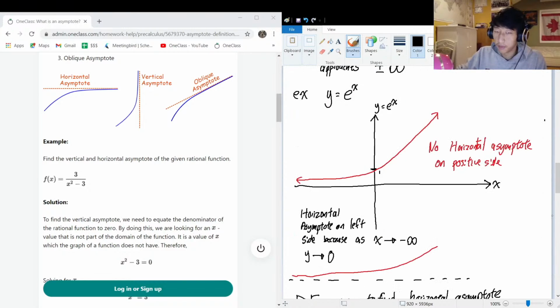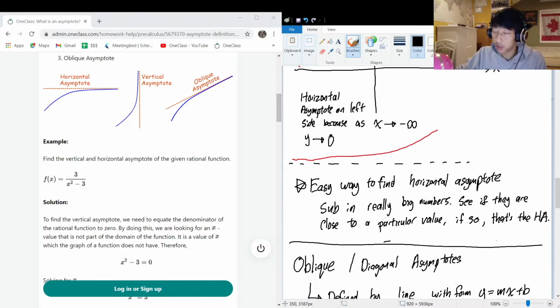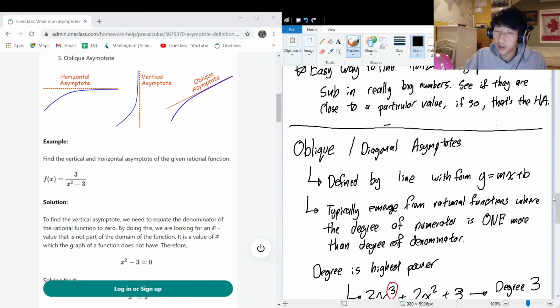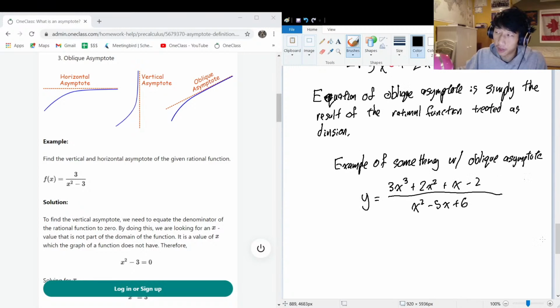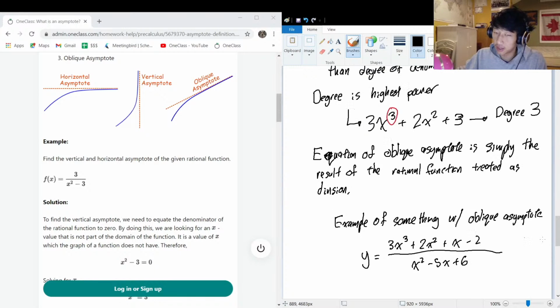Try multiple really big numbers and see if they match up. And oblique or diagonal asymptotes only emerge from rational functions, so do the division. If the top is 1 degree bigger than the bottom, then you have an oblique asymptote, otherwise no oblique.